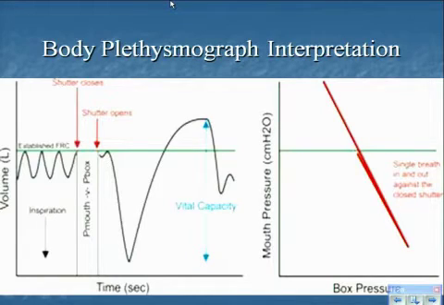The individual takes normal breaths, and then is told to take a big, deep breath, okay, and the shutter will close right when they're starting to take the maximal effort. As a consequence, the volume inside the chest begins to change, or rather the pressure begins to change, and that allows the measurement of your residual volume and everything else. Okay.